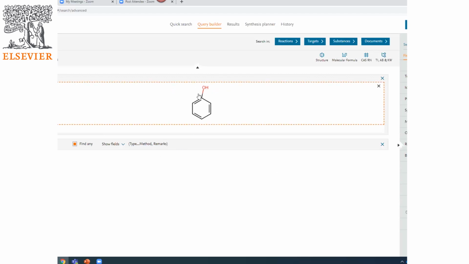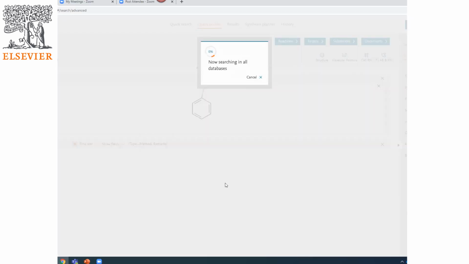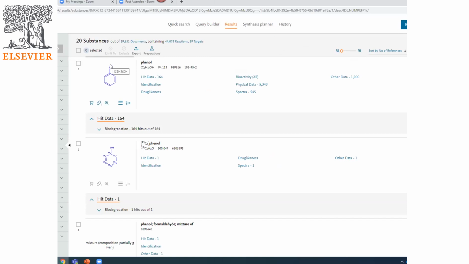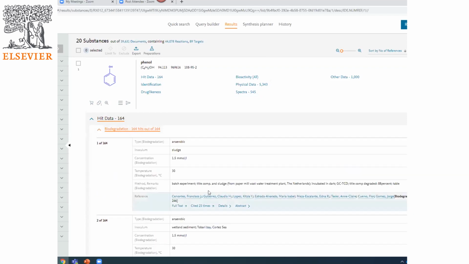So right now we will search information about biodegradation of phenol, and we need to search substances. As you see, we found different variations of phenol. It's C13 phenol, also several mixtures, and all of them have this hit data. It means exactly what we try to search. It is biodegradation data.